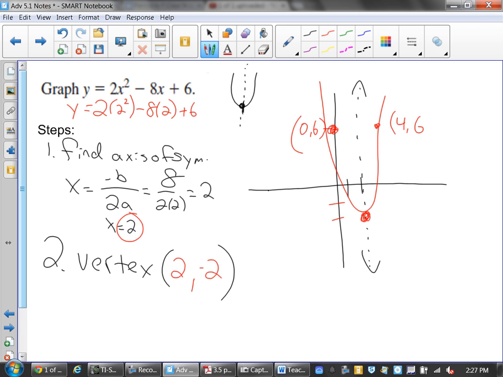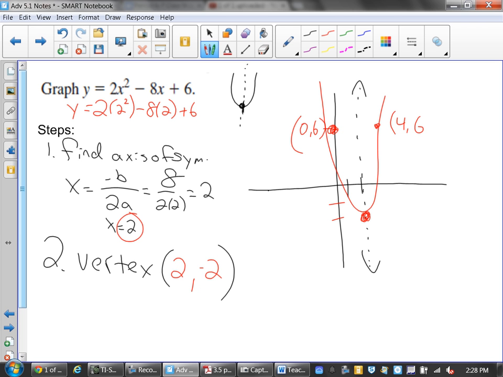What you're doing here is you're picking a point that's easy to work with. In this example, we're very close to x equals 0. Why not use 0? It's the easiest number to multiply. It gave me a y value very quickly. Knowing that 0 is 2 spots away from the axis of symmetry, since parabolas are symmetrical, 2 spots on the other side of it is 4.